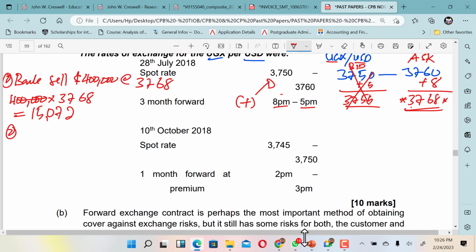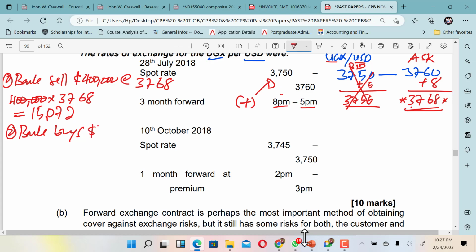Next, as I told you before, the bank will buy. So the 400,000 USD that the bank is going to sell to XYZ Limited, actually the bank is going to buy them from the market.